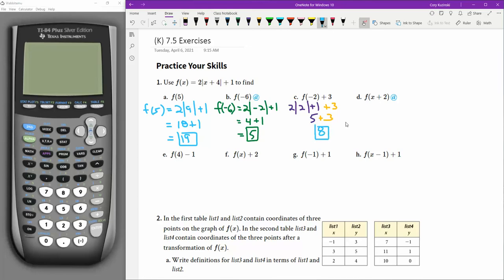I feel like I might want to check my answers here as I'm working. I'm good so far. All right, now we're going to figure out what's f of x plus 2. Okay, so all we're going to do here is replace the x with x plus 2.